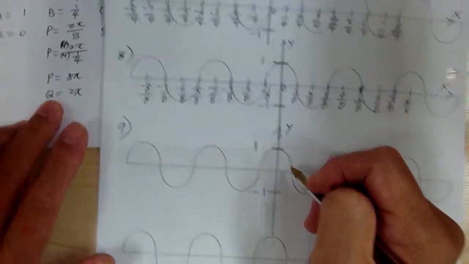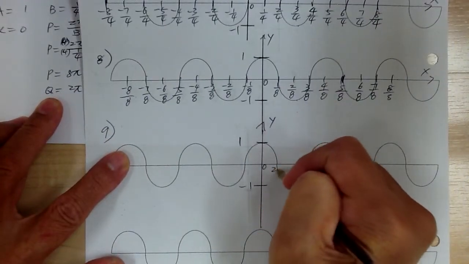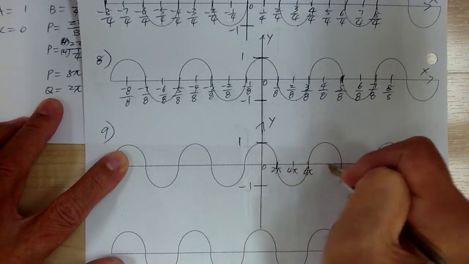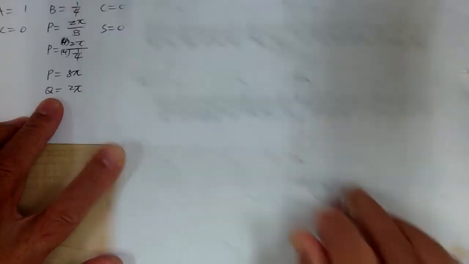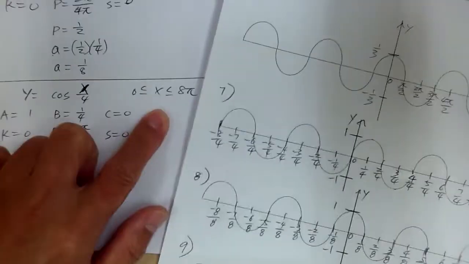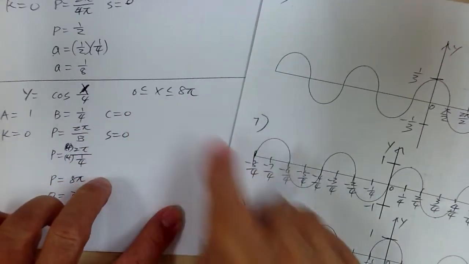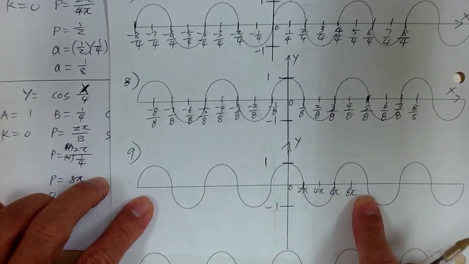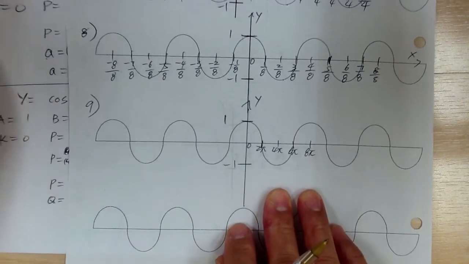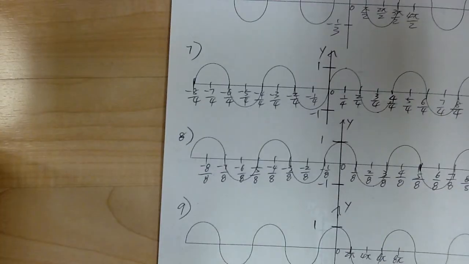And the quarter wave is 2 pi, so here's 0, that's 2 pi, 4 pi, 6 pi, 8 pi, and that's what you want, right? You want to go from 0 to 8 pi, so this has to match from 0 to 8 pi. Okay, so that's your graph. Okay, let's go to number 10.